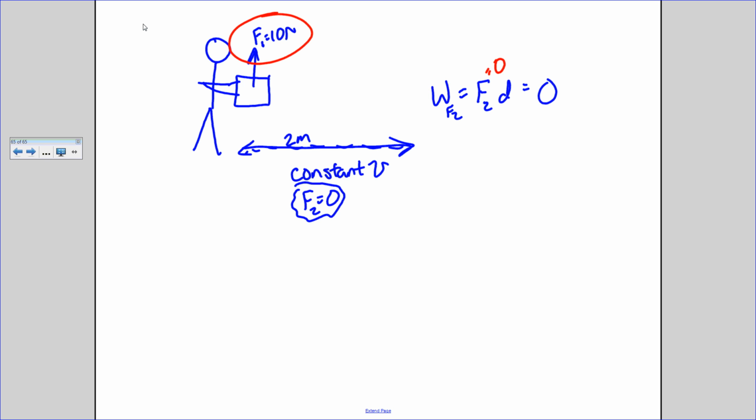Right, yeah, I'm just holding it. I'm holding it, but I'm walking across at a constant velocity. Right, so I'm moving it, but my force isn't moving it. My force is just holding it here. All right, so F1 and the displacement, which I'll call D, are not in the same direction.